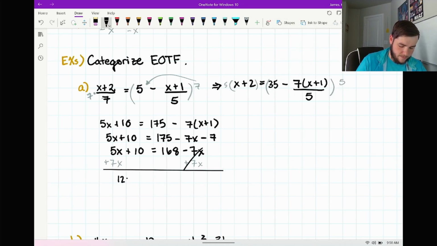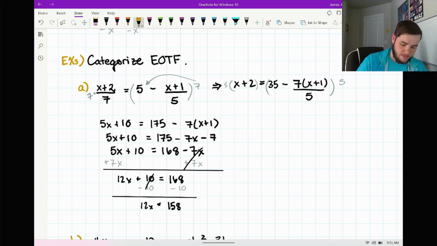I'll be left with 12x plus 10 equals 168. And then I will subtract 10 from both sides, which will give me 12x equals 158. All in all, that will give me that x equals 158 over 12, whatever that number happens to be.